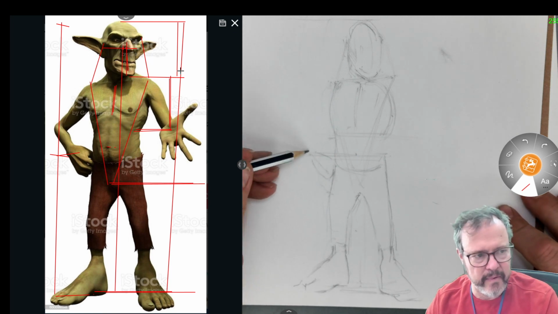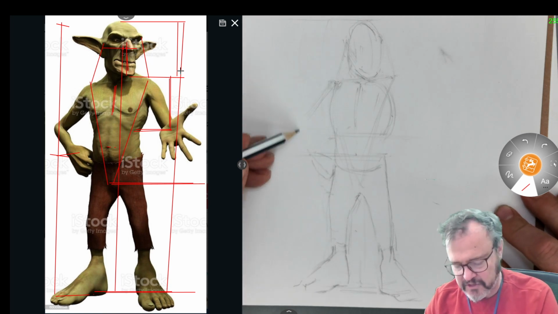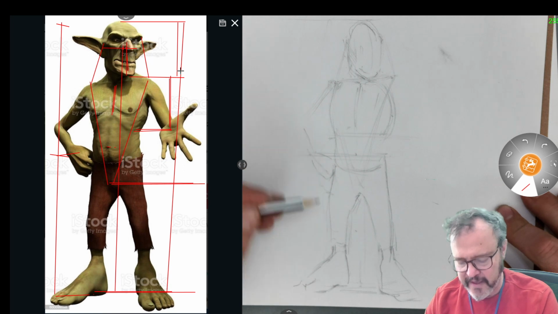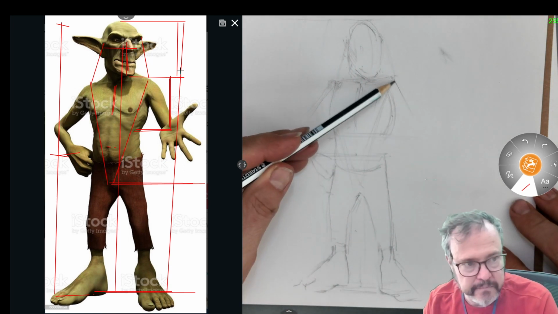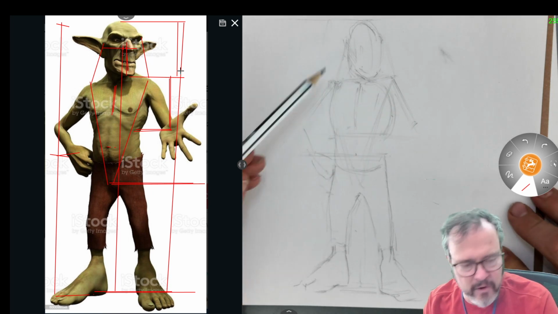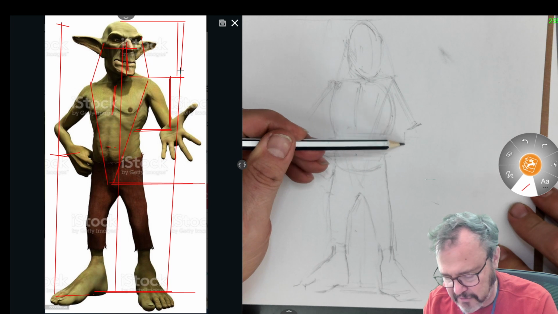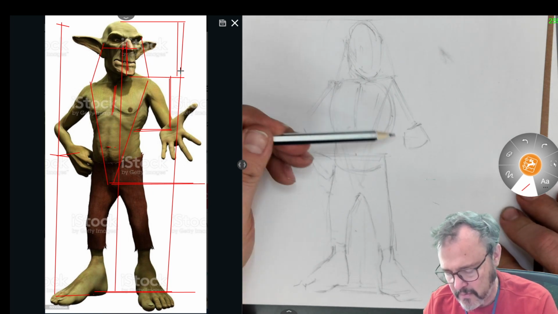So I'm going to start the arms as stick arms, which is just my way of evaluating the angles and the foreshortening. Notice that the forearm on this side is completely foreshortened out of existence. We don't even see it. His hand's so big it covers up the whole thing.